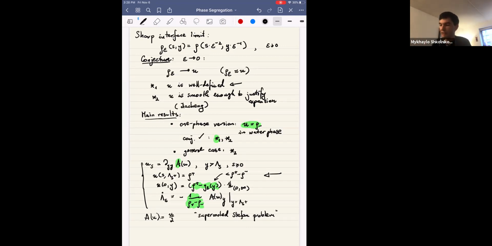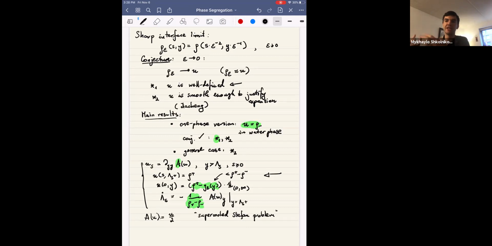And so the last thing I want to say is that what we show in our work with Jiacheng and Sergei is that this free boundary problem has a classical solution. So this function U exists classically, and this goes half the way in terms of proving the conjecture.